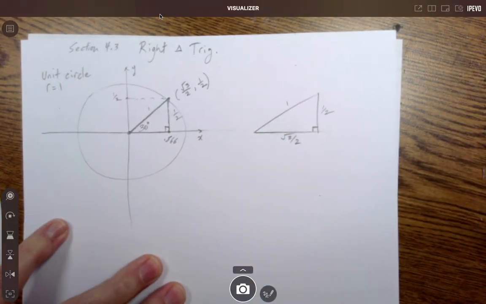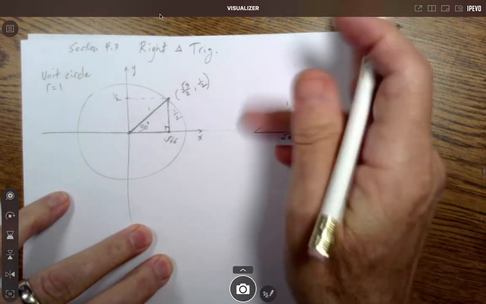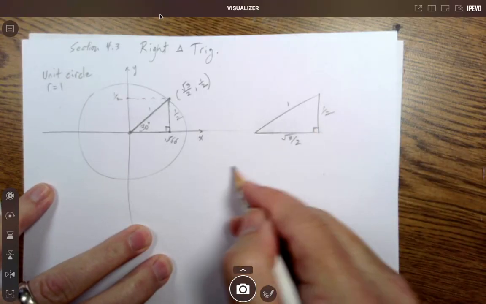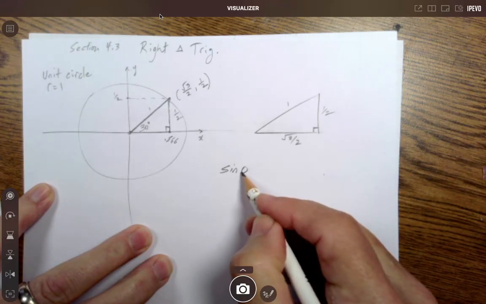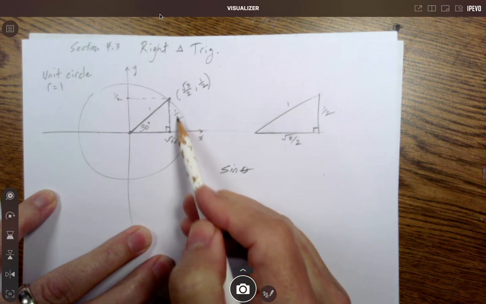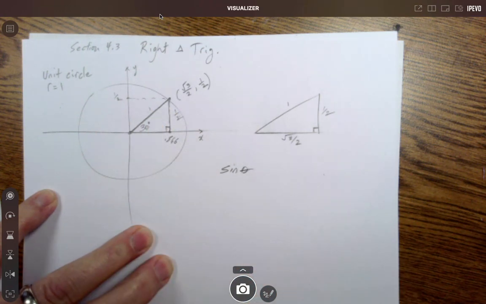And we could do trigonometry with this. The functions in general are, you already know that sine of theta is this number here, but actually it's this number over this number.